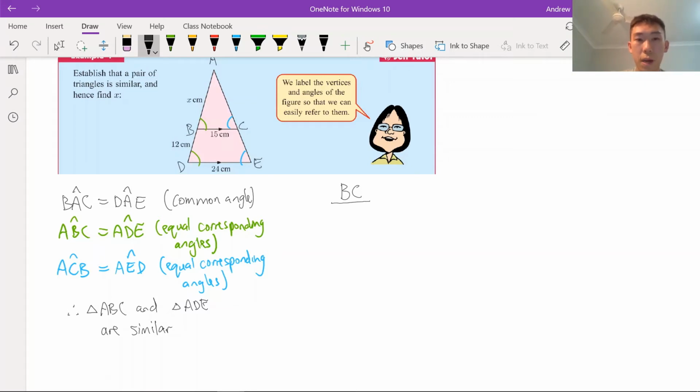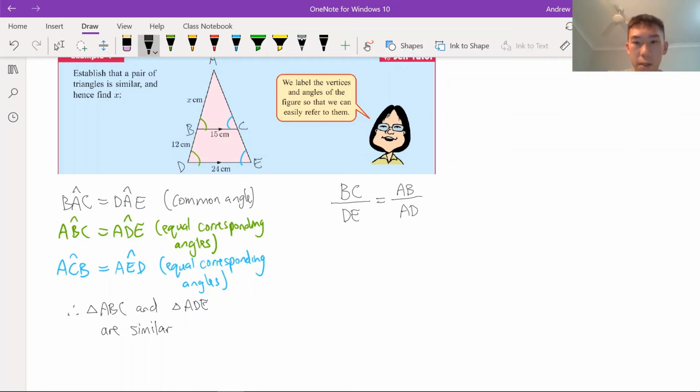So if I divide BC by DE, it should give me the same ratio as AB over AD. Right, see how I'm picking two corresponding sides of each triangle? Right, so these ratios should be equal.